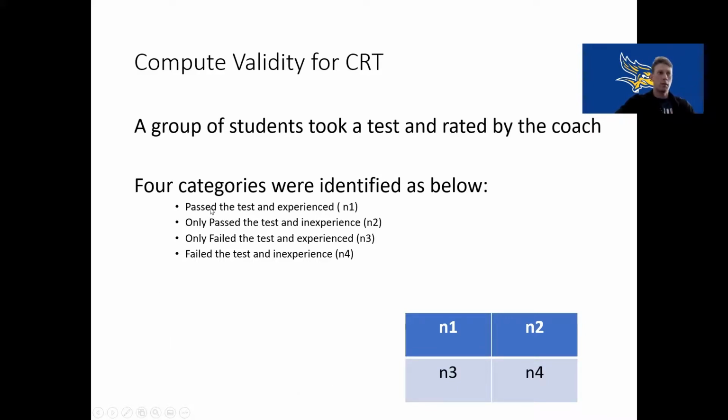So how often they pass the test and were categorized by the coach as experienced. How often they passed the test but were categorized as inexperienced. How often they failed the test but were categorized as experienced players, and those who failed the test and were categorized as inexperienced. Okay, so these are the agreements and disagreements between the test and the expert.